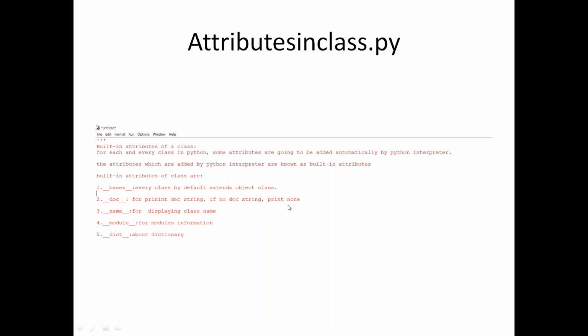If you want to see the documentation string, you can use __doc__. If you want to see the object class, you can use __base__. __name__ displays the class name. __module__ gives module information, how many modules you have and the module information. __dict__ is for the dictionaries. So these are the 5 different attributes the system creates by default for every class. It's not for a single class, for every class it will be created.